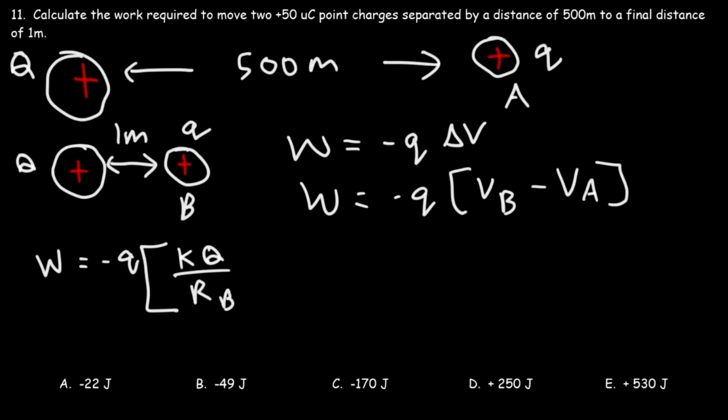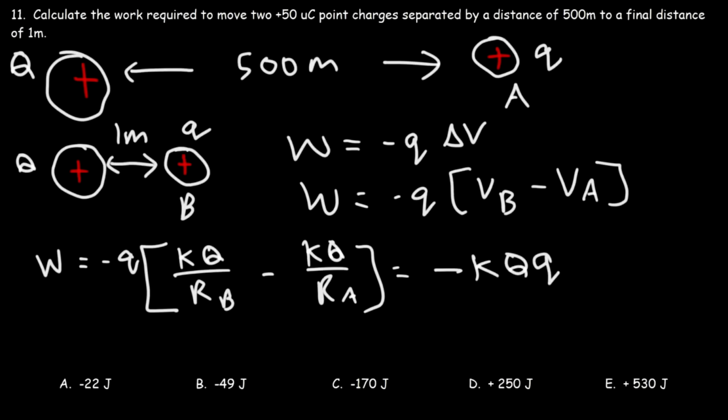That's the distance between position B and charge Q. Now the electric potential at A is going to be KQ over RA. So what we can do now is factor out K and Q. So the work required will be negative K times the stationary charge times the movable charge, and then times 1 over RB minus 1 over RA.